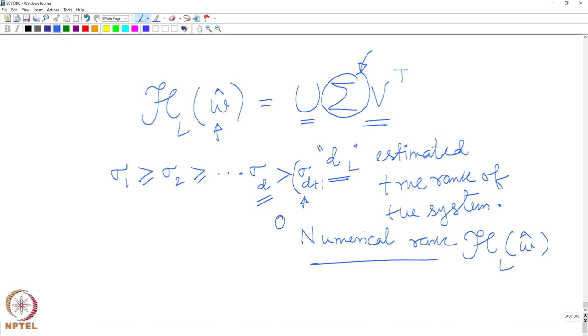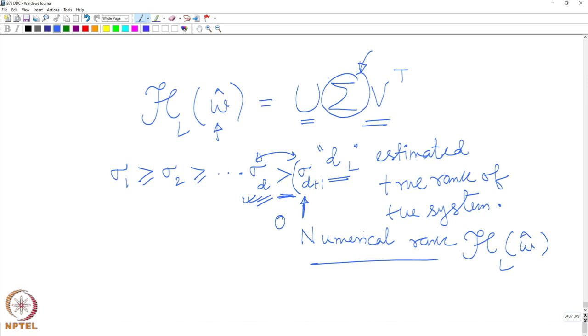They capture the effect of purely the noise, not the signal. So you see a striking jump between this and this, and from there you can estimate that this must have been the rank. These are all heuristic ideas that I am giving, without any proof for these statements, but that is how numerical algorithms really work.